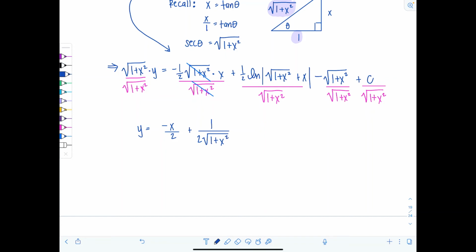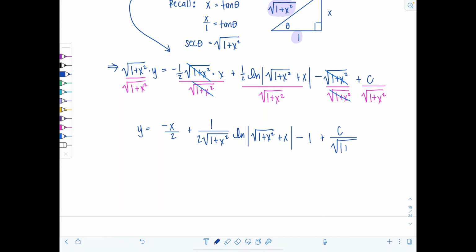Group that all together and then have natural log absolute value rad 1 plus x squared plus x, minus, look at this term here, this is just going to be a 1, plus you need c over rad 1 plus x squared.